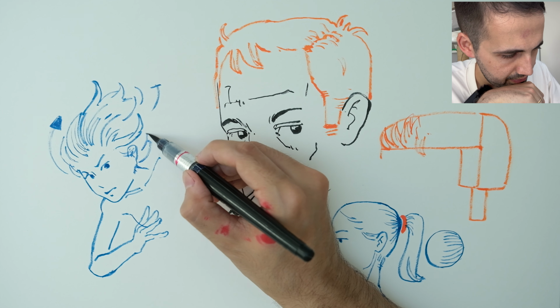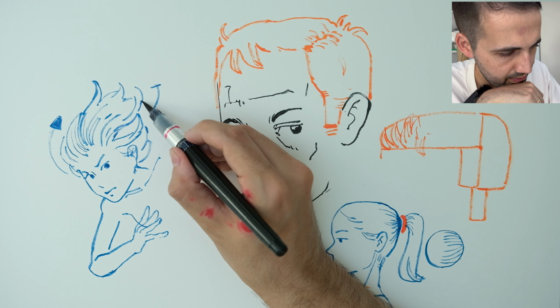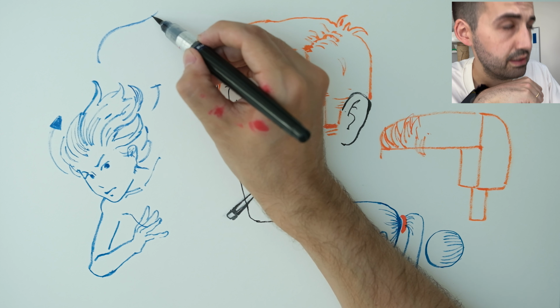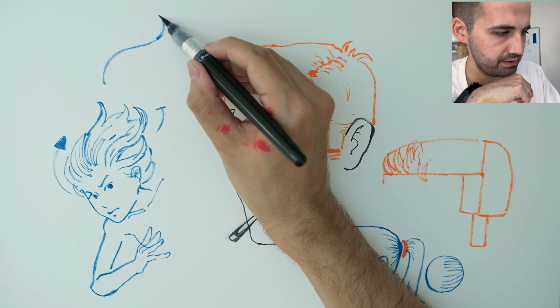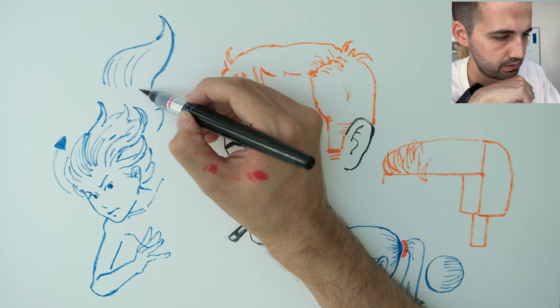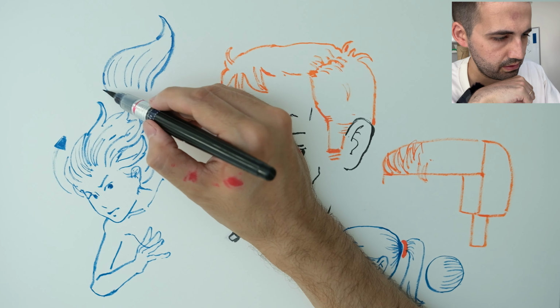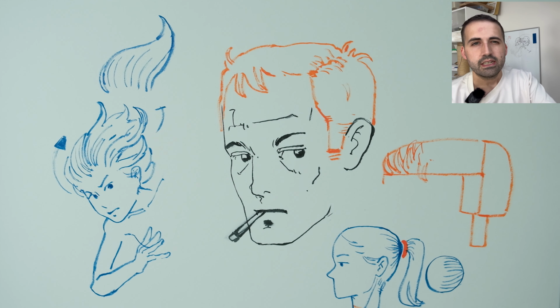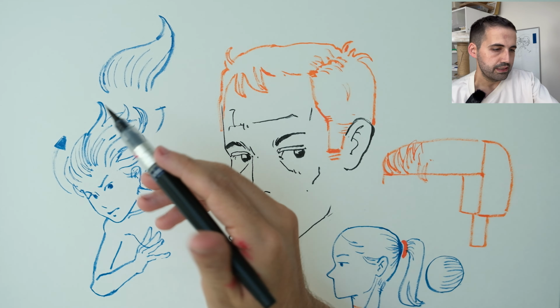In this direction, right? It's a bit like the tail of a comet. That also adds to the sense of dynamics to a character. So try it as well.